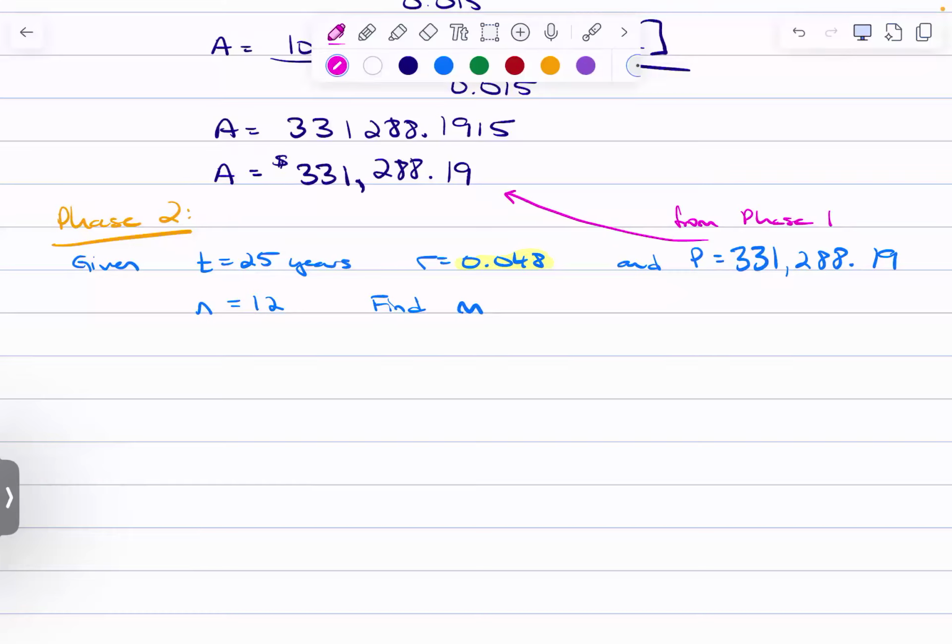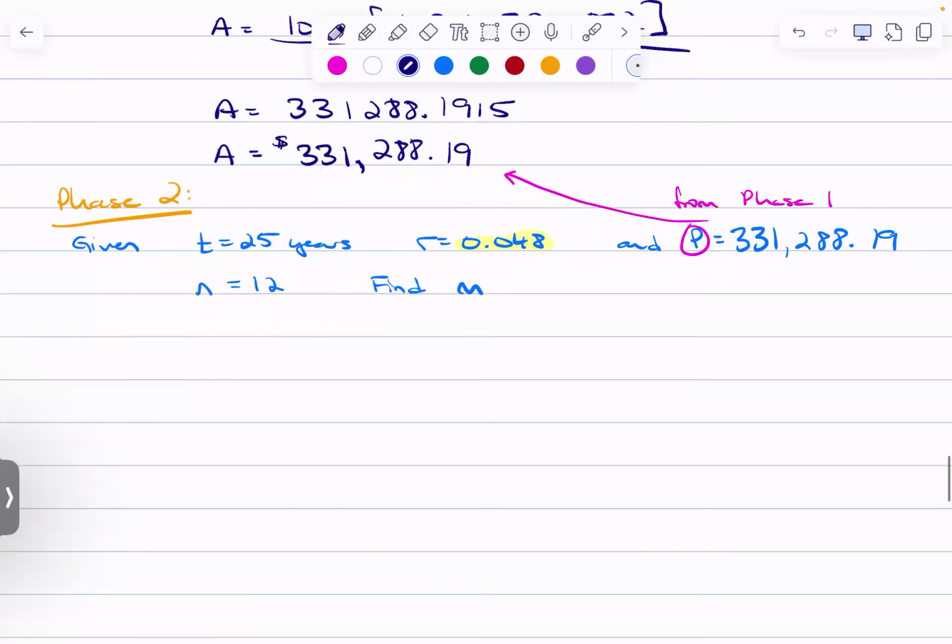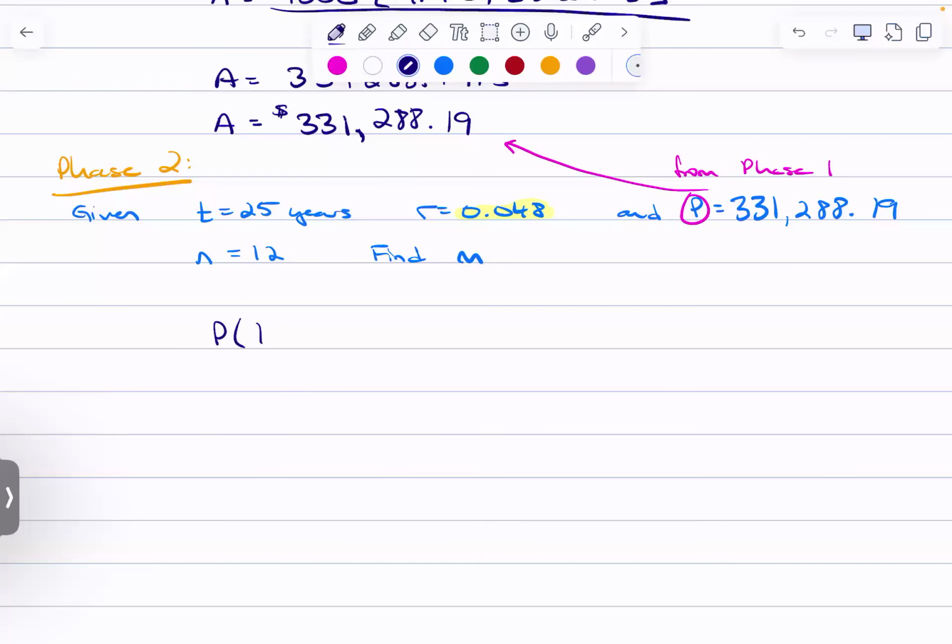Right, but now it's a P. Now, if I have a P and I want to find M, then I need to use that biggest formula, right? And so I have P times 1 plus R over N to the NT is M times 1 plus R over N to the NT minus 1 divided by R over N.